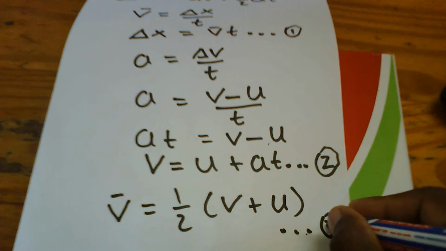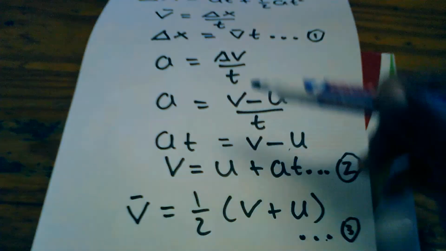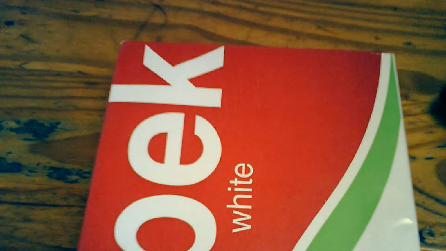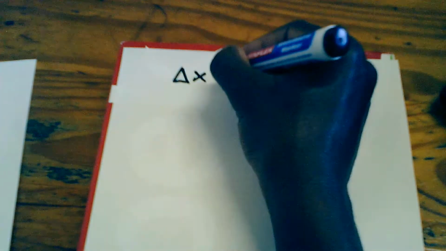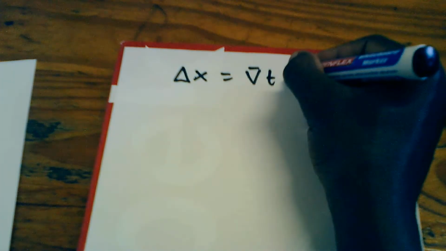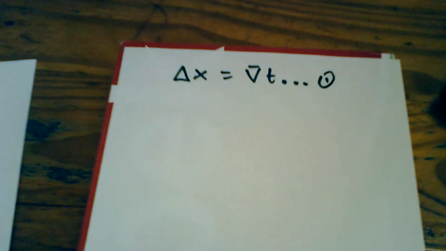Equation 3. So let's take equation 3 and substitute it into equation 1. Remember, equation 1 says that the change in displacement is equal to the average velocity multiplied by the time. This was our equation 1.